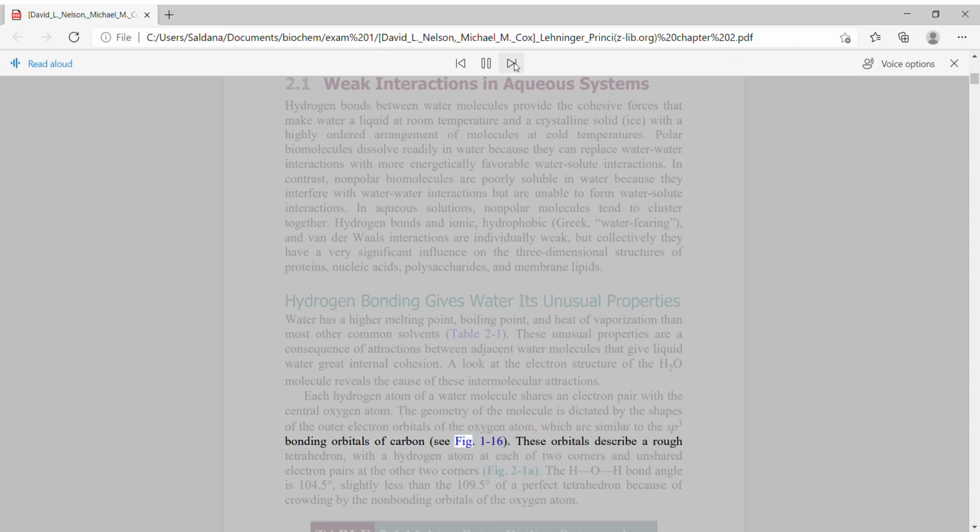See Fig. 1-16. These orbitals describe a rough tetrahedron, with a hydrogen atom at each of two corners and unshared electron pairs at the other two corners, Fig. 2-1a. The HOH bond angle is 104.5 degrees, slightly less than the 109.5 degrees of a perfect tetrahedron because of crowding by the non-bonding orbitals of the oxygen atom.